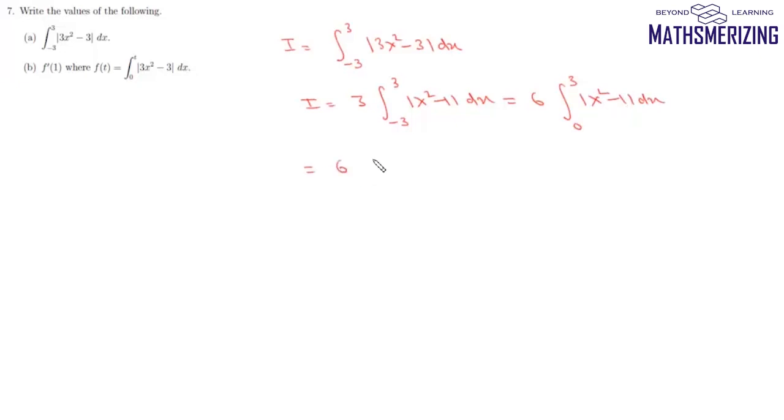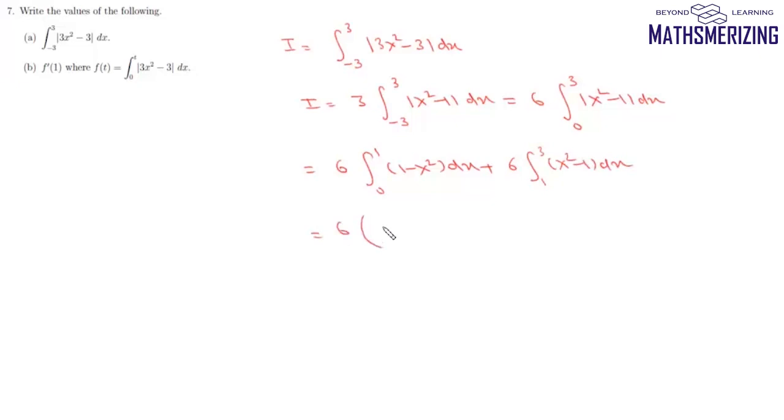So we can split it in two parts. So it will be 6 times 0 to 1 of 1 minus x square dx plus 6 times 1 to 3 of x square minus 1 into dx.